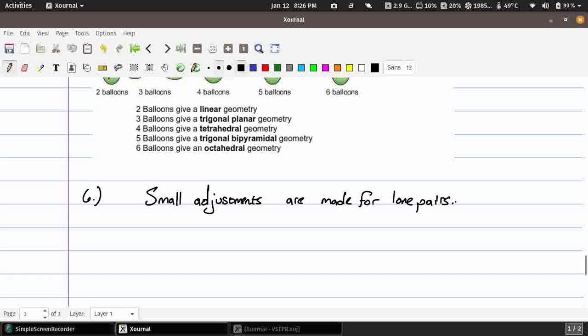So what that means is they're taken into account when determining coordination number, but not the geometry. And they act as a bigger balloon, which will distort the bond angle, making them actually a little smaller. So I'm going to just make sure that you know that distorts bond angles, making them smaller.